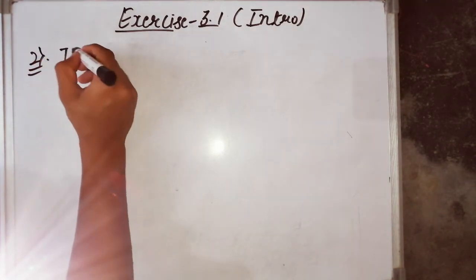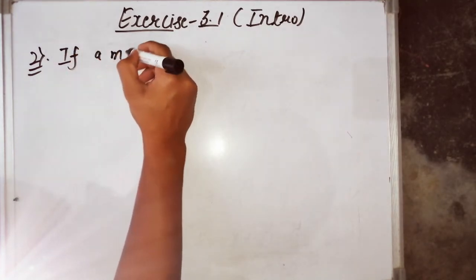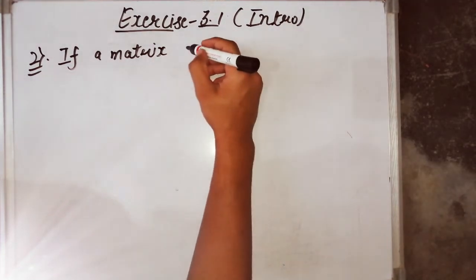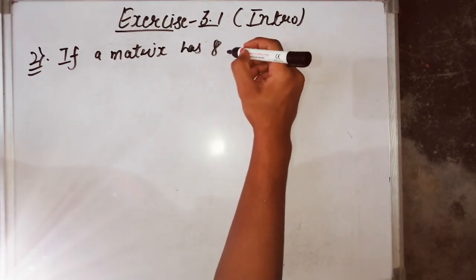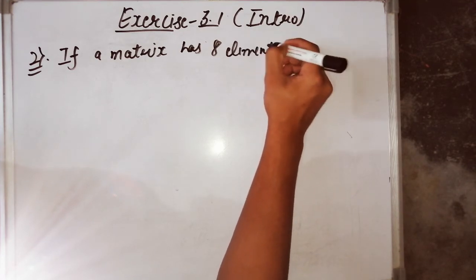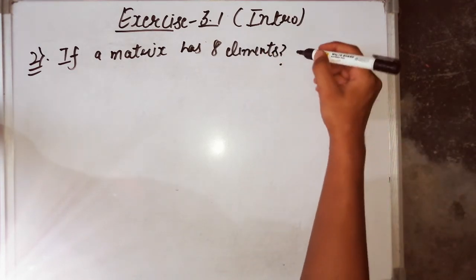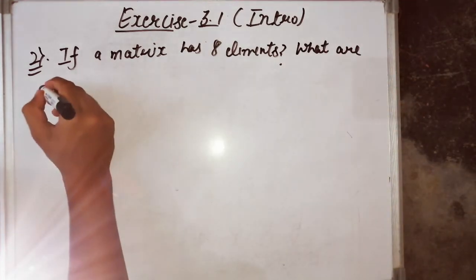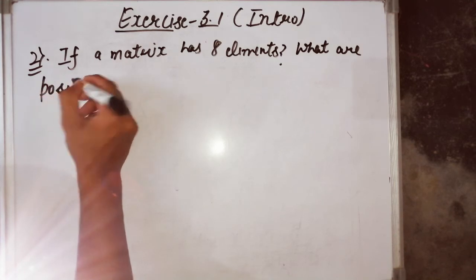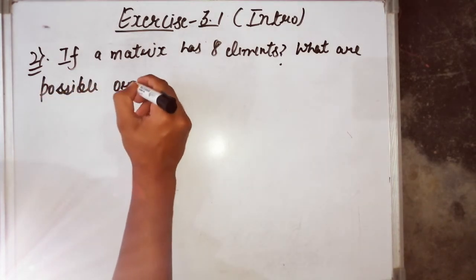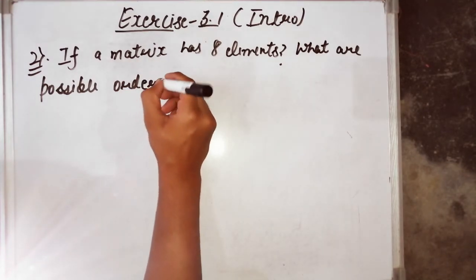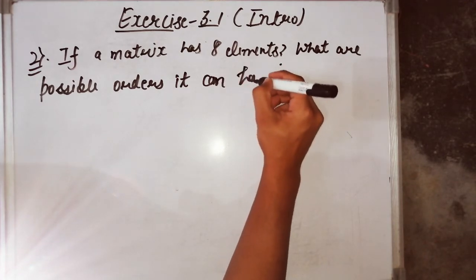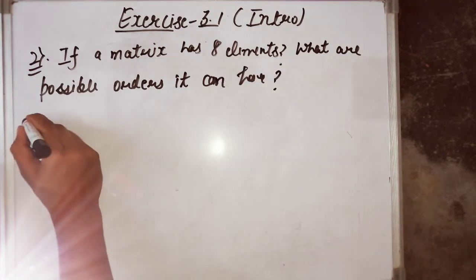The question states that if a matrix has 8 elements, what are the possible orders it can have? Let's have a look at the solution.